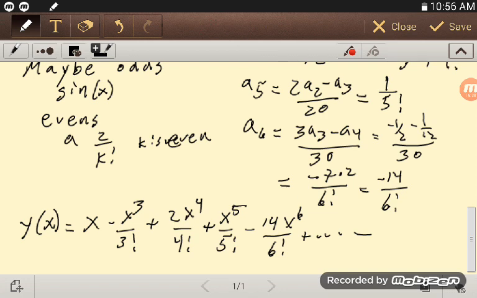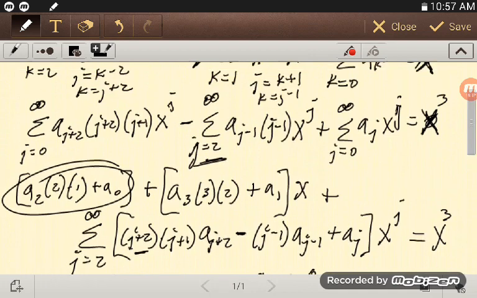And like I say, in the odd terms, I kind of see a sine of x. In the even terms, I don't know, I see something that maybe looks similar to a cosine, but I'm not sure exactly what. Now, how could I check?